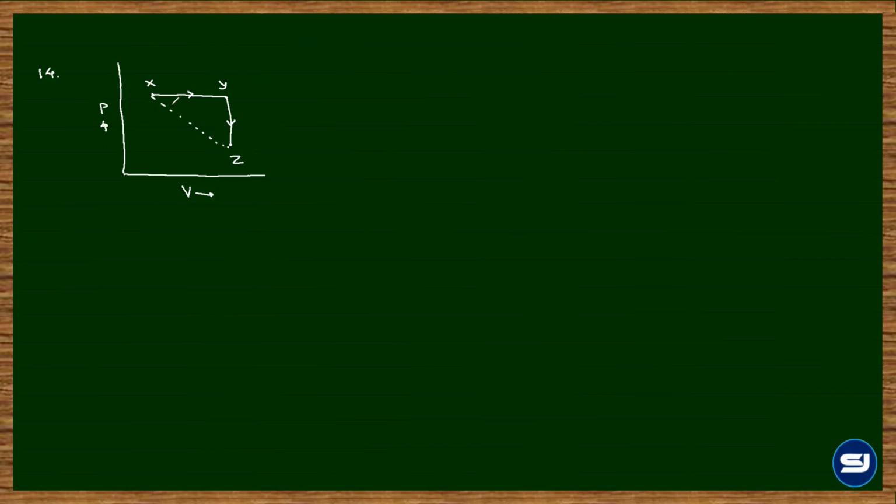Which of the following are correct? Take delta S as change in entropy and W as the work done. It's simple, just understand. First part, they are saying delta S, the entropy change for X to Z, is equal to the entropy change X to Y and Y to Z. Should it be correct? Yes, sir.